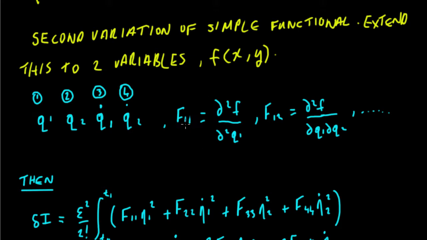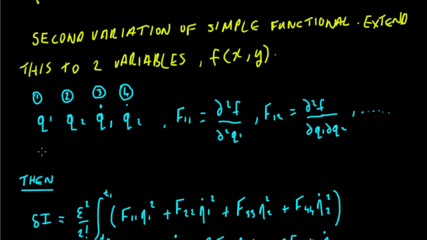So for example, f11 would be partial squared f by partial q1 squared. And f12 would be partial squared f by partial q1 by partial q2, and so forth for f13, f14, f23, f24 and f44.